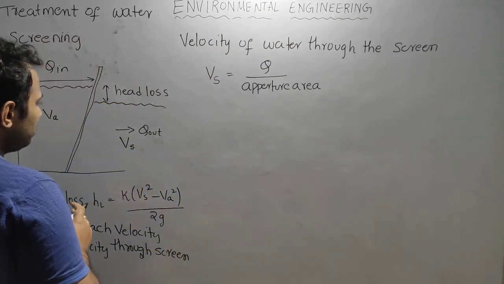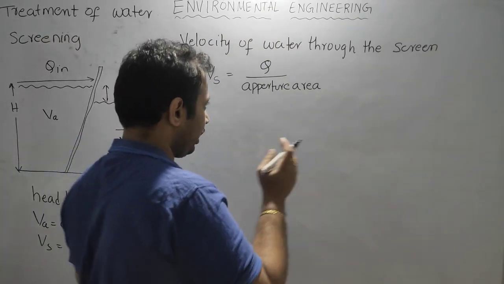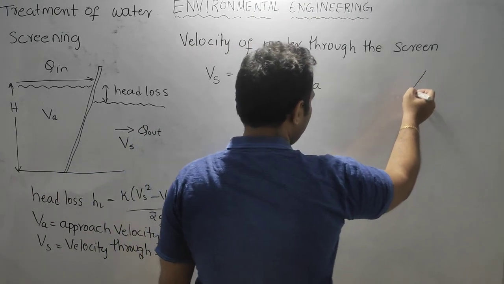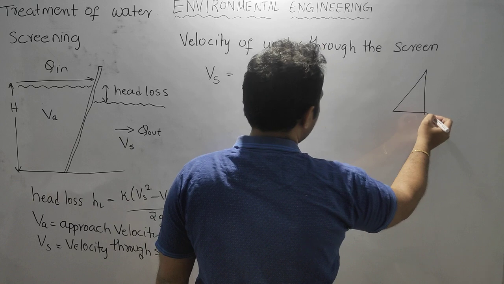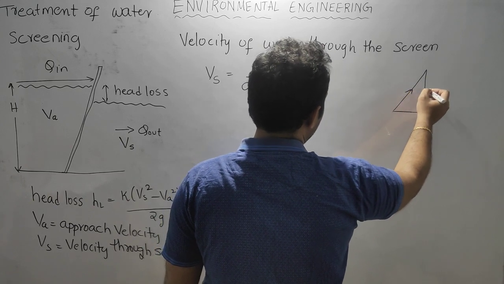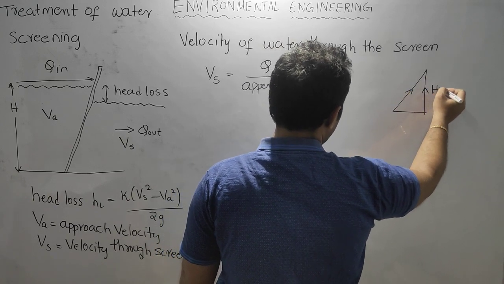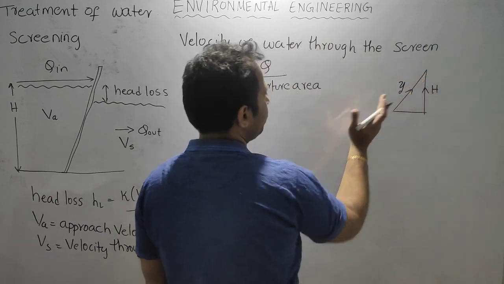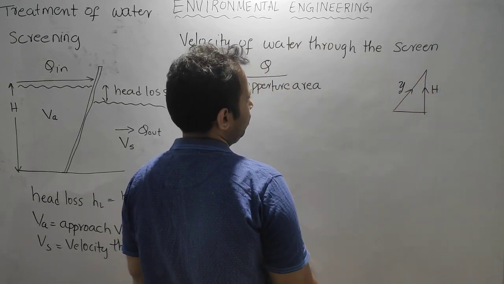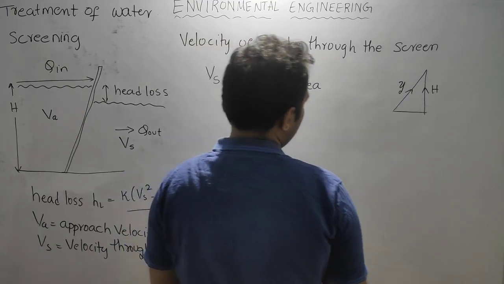Aperture area means, if the screen is inclined like this, then the dimension, actually this is h, but this is not h. As the screen is inclined, this value is a little more than h.